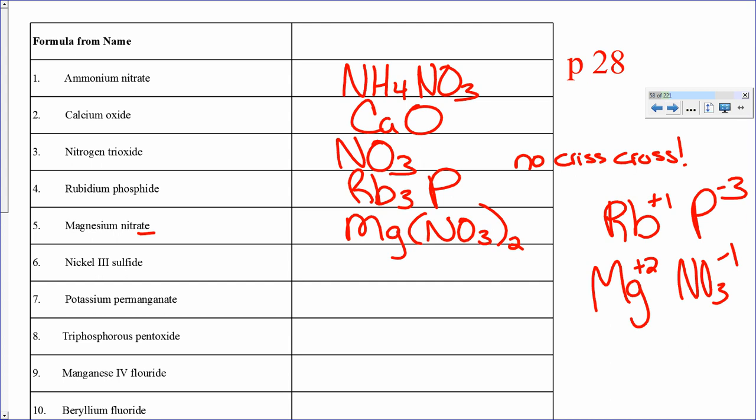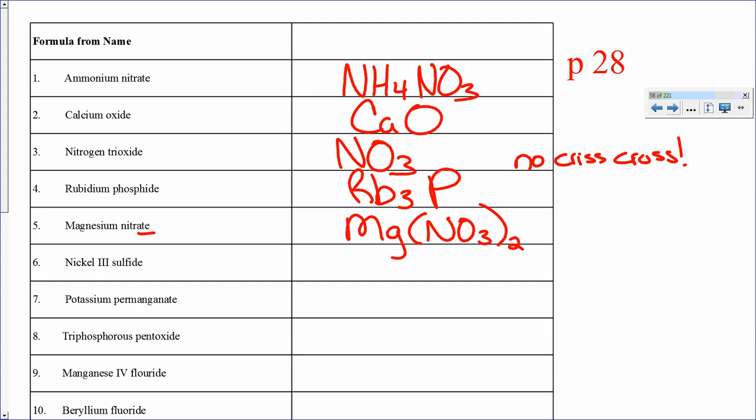I wanted to get down to number 6 because there is a Roman numeral here. As you're noticing, unless you have the same side of the staircase and you have a prefix in your name, you are going to be using crisscross on most of these. So nickel, because they're telling us Roman numeral 3, has a +3 charge. Then we look up the charge for sulfur: Ni2S3.